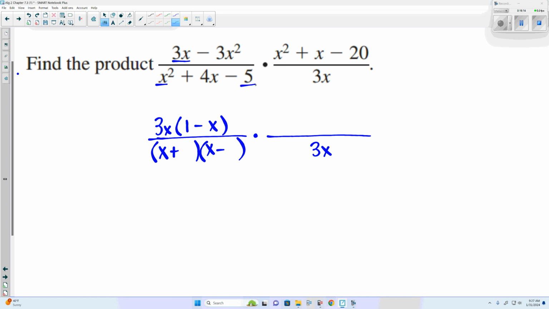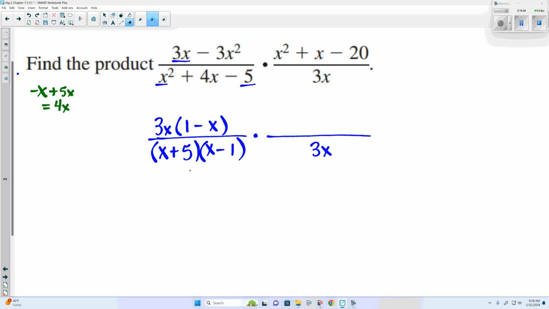Factors of 5 are 1 and 5. Where would we put the 1 and 5? So we'll put 5 with the plus, 1 with the minus. If we do check this, x times negative 1 is negative x. 5 times x is plus 5x, giving us positive 4x. So that is the middle term we want.